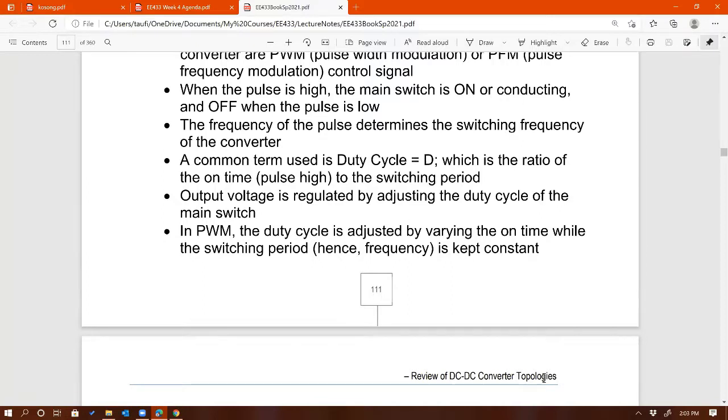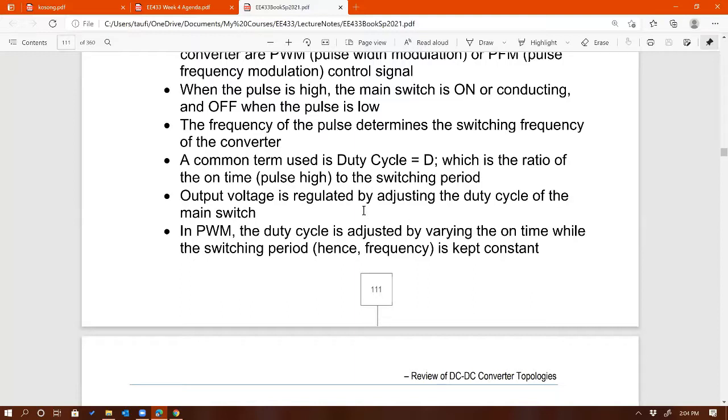You want to have a fixed frequency for PWM, to turn the switch on and off. That way we could control the output voltage through the duty cycle, which involves switching frequency. So that's basically what it is: how often do you want to turn the switch on and off?